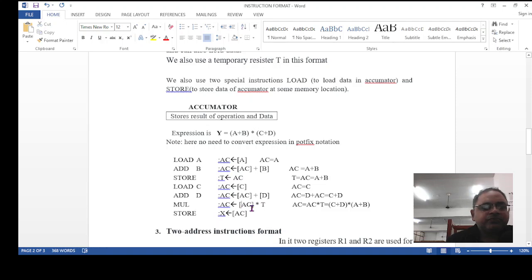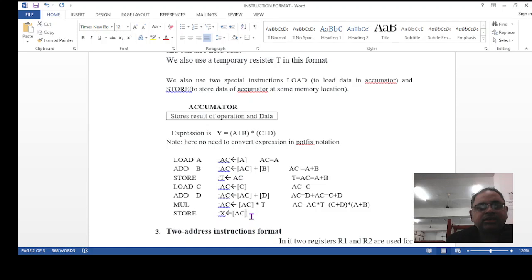So finally we have to store the value of accumulator at some place. Why will we do this? Because when some new expression is evaluated and we use the accumulator for our evaluation, the new data will overwrite the calculated value.